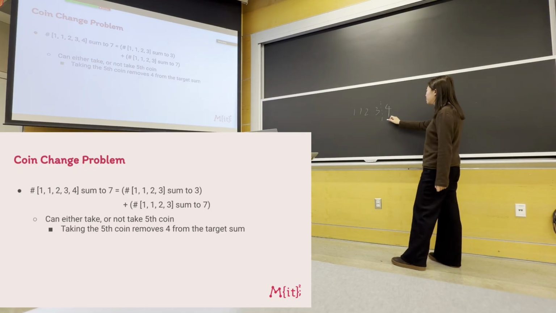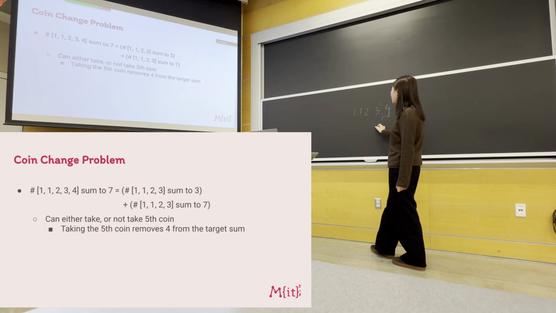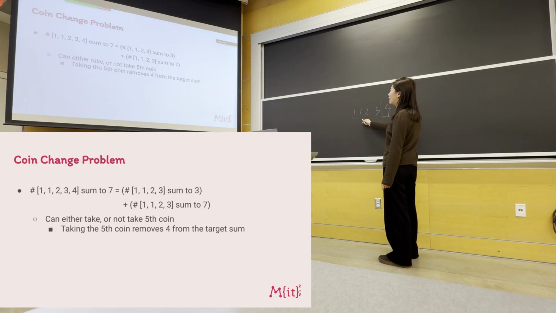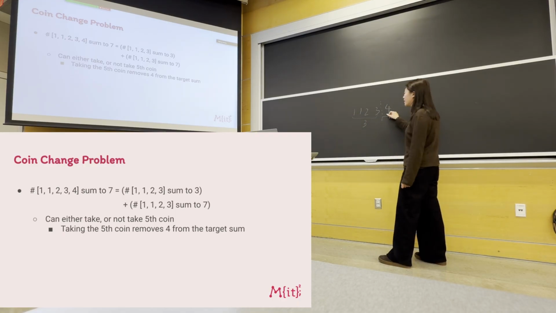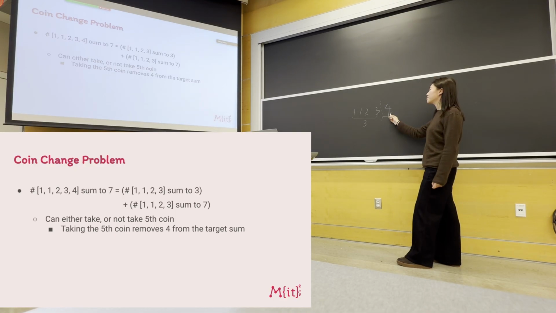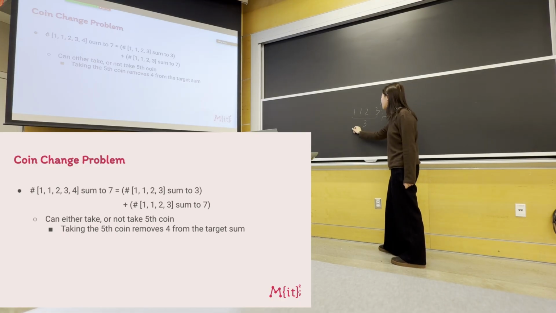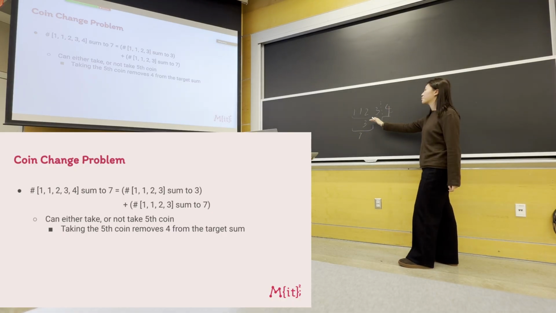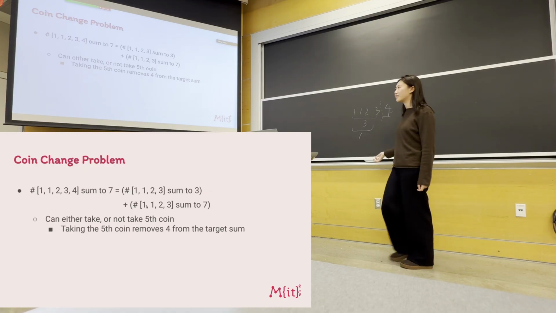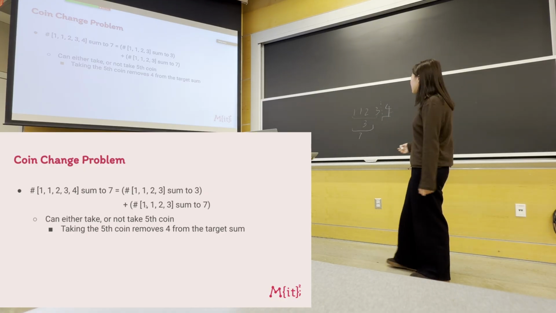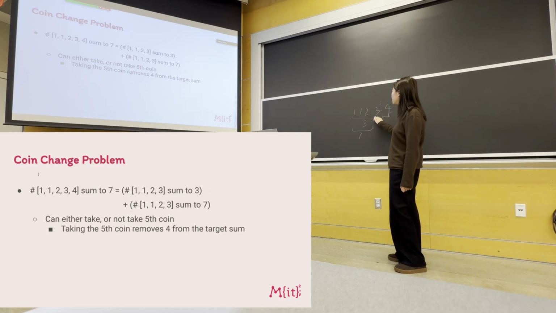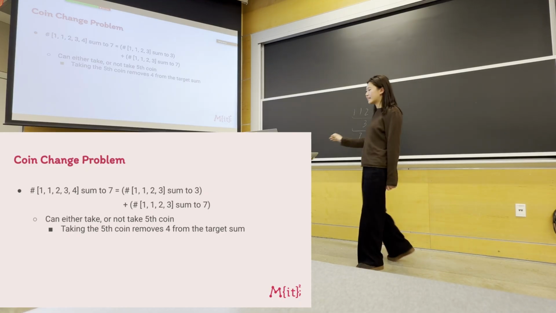If we decide to use the current coin, that means in order for the previous coins to sum to 7, it only needs 3 because we can spare 4 for this coin. And then if we choose to not use the coin, we want the previous coins to sum to 7 because we're not using this coin, and the previous coins are responsible for the sum to 7. So this is the essential idea for the DP. We consider either we want to take or not take each coin.